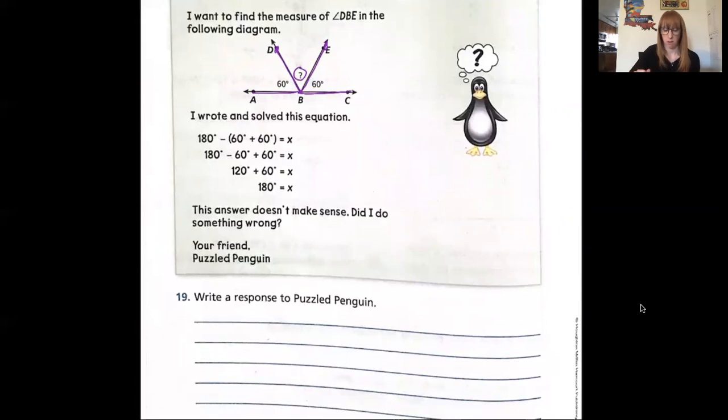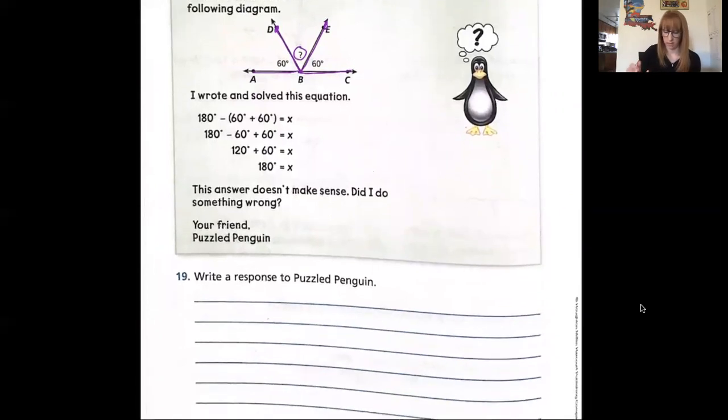Did I do something wrong? Your friend, Puzzled Penguin." So if we look at his equation, the original equation is correct. He's good so far on that. But then we look at step number 2, and for whatever reason, he's dropped the parentheses. So then when the parentheses are gone, we go from left to right. So technically his math is correct. However, he didn't solve the problem correctly.